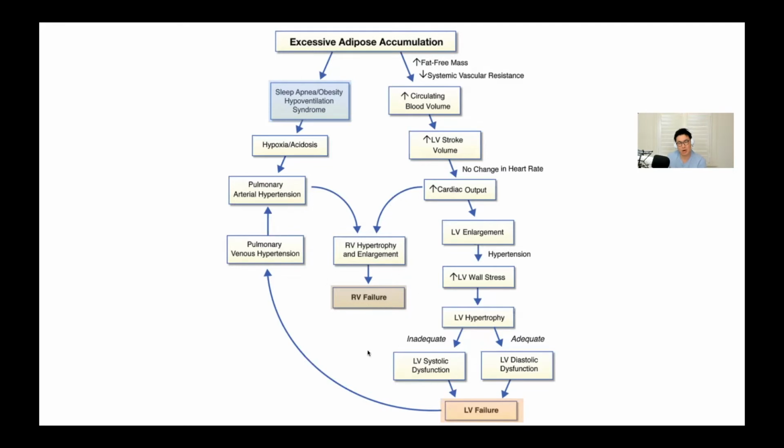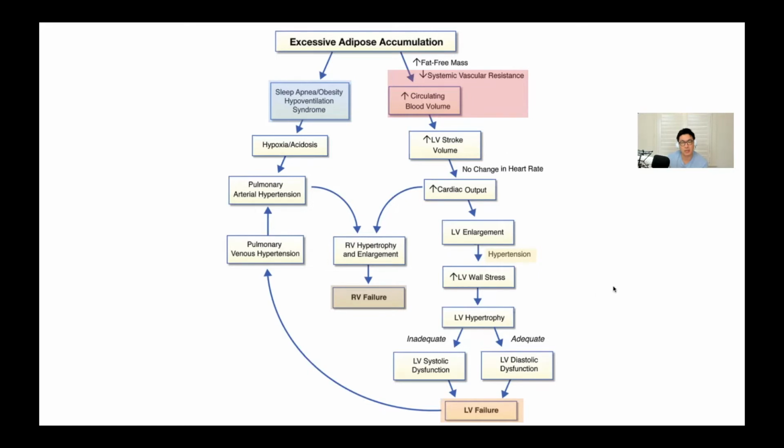So in other words, right ventricular failure is from a combination of OSA and obesity hypoventilation syndrome, as well as your left ventricular failure. And hopefully with this color coding, you start to see a lot of symmetry with all the diagrams that you'll find around the articles, as well as in Power and Cam as well.